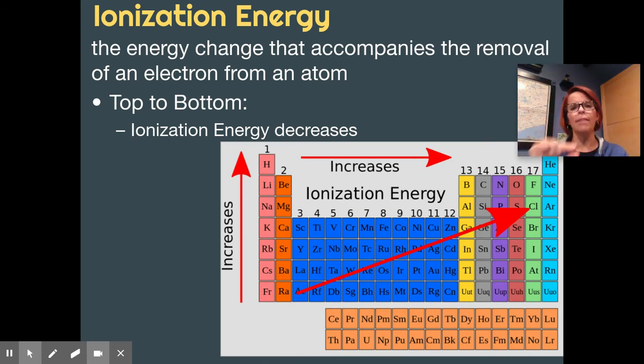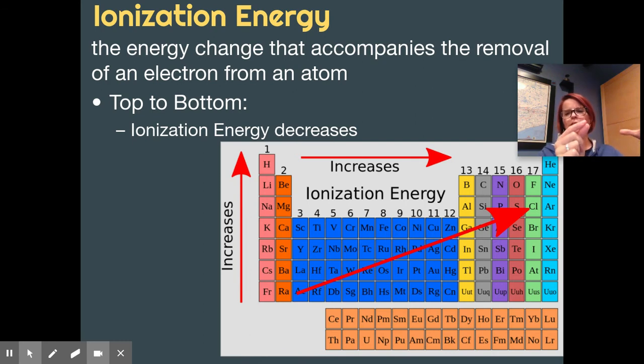What that means is, if we go all the way to the top, hydrogen has one proton and one electron traveling all around it. It's fairly close to that proton, and so it's experiencing the draw of that proton, and it's difficult to pluck that one electron away because that proton is really holding it tight. But by the time you go all the way down that column and get to francium, francium's outermost electrons, the valence electrons, are way far away.